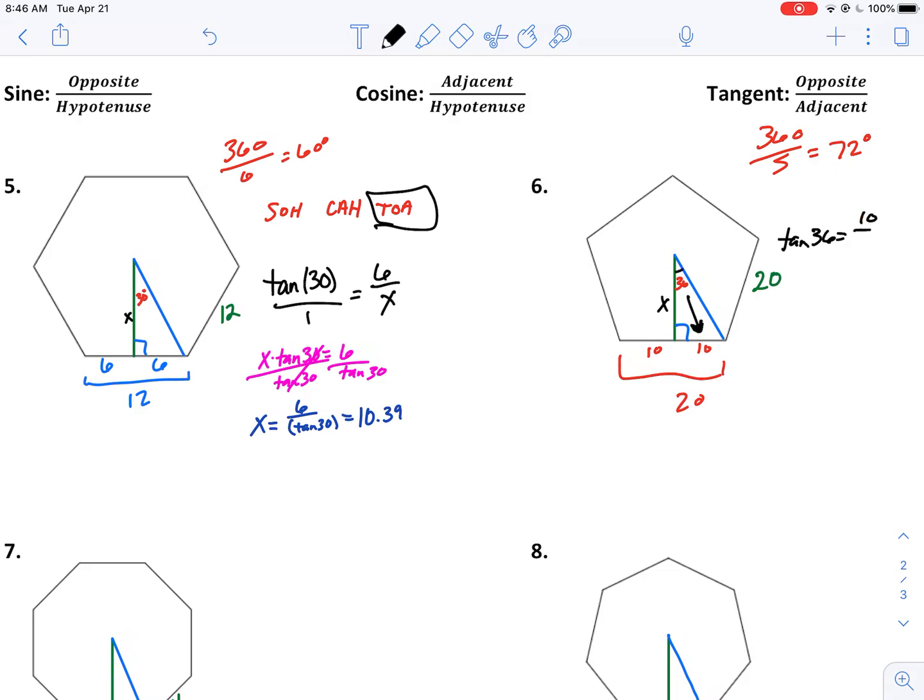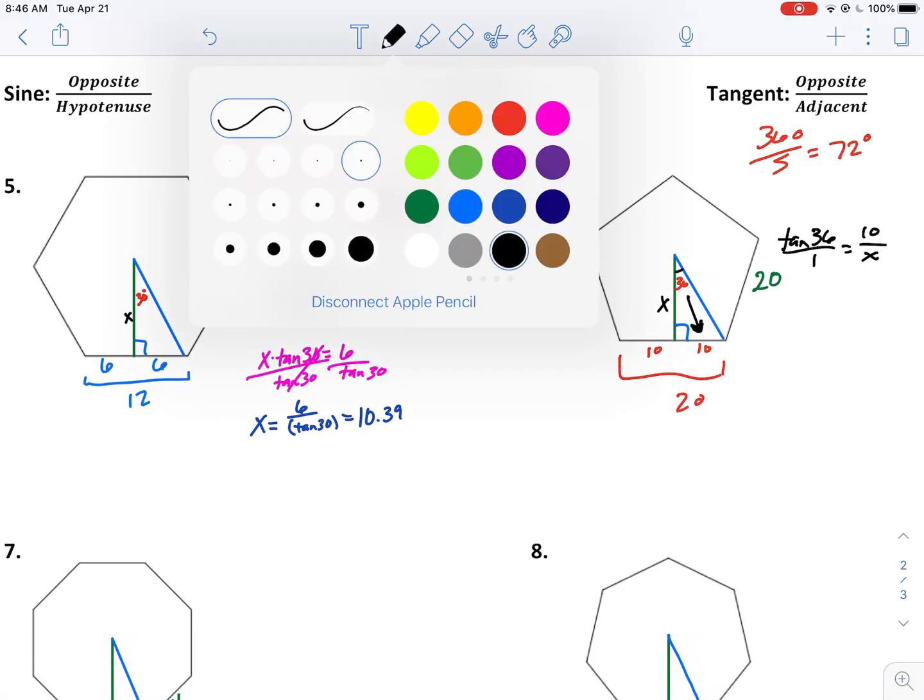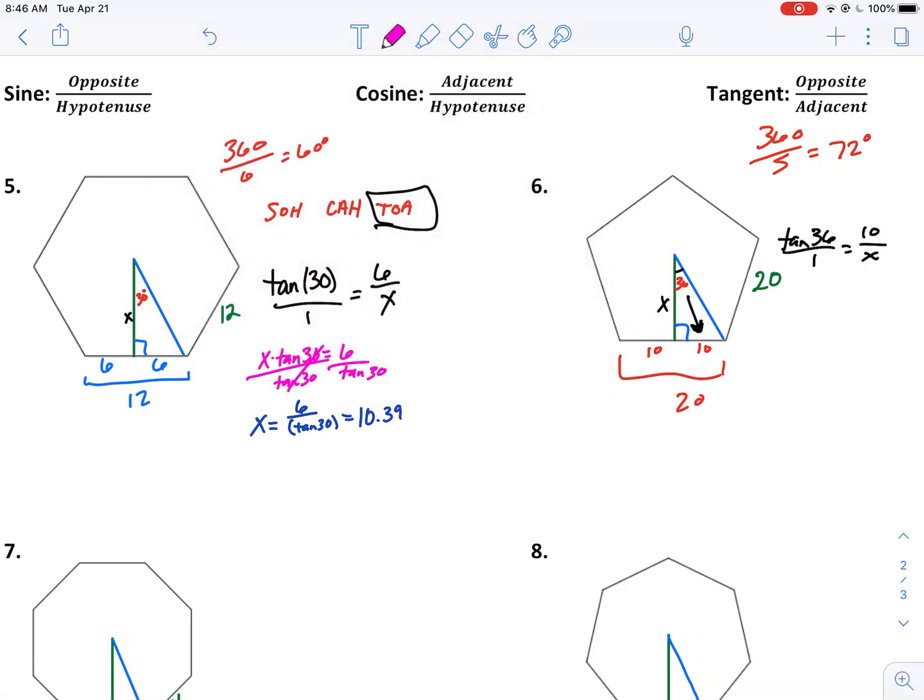Alright, let's see. I have opposite, and I want the adjacent. So I'm going to use tangent again. So tangent of 36 equals opposite is 10. 10 is opposite that angle. And the adjacent, the side next to it, is x.